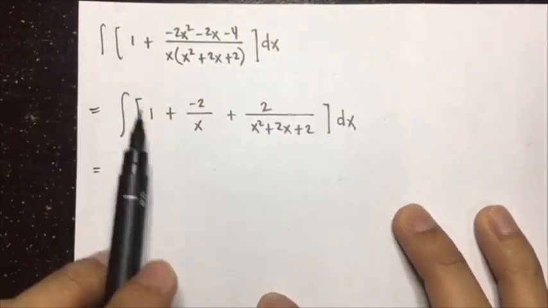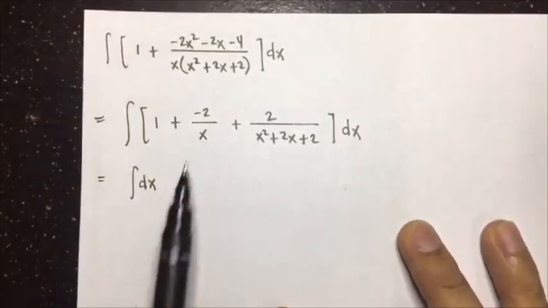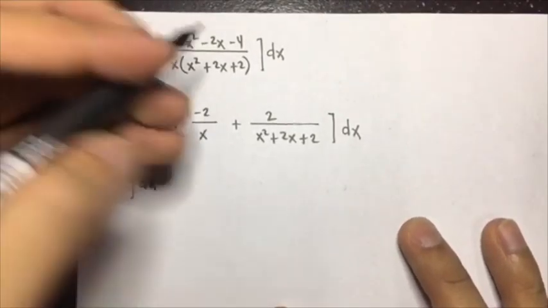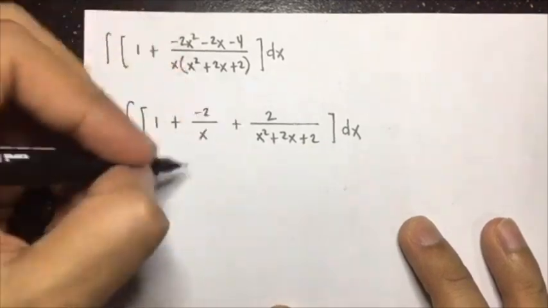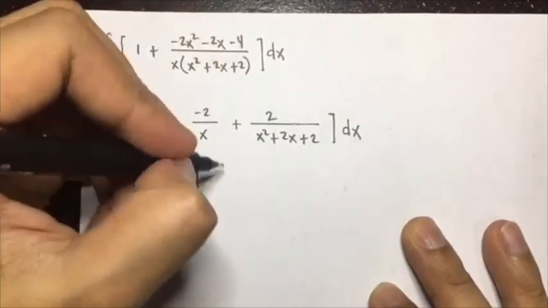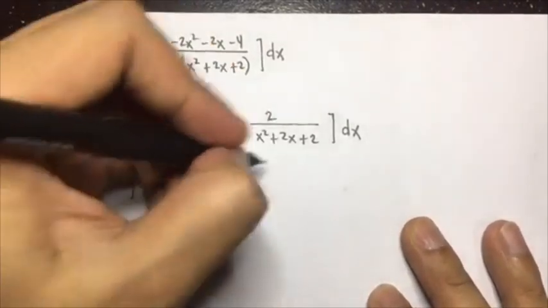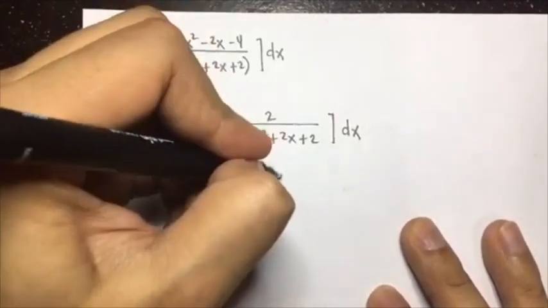For 1 it becomes the integral of dx. Then take out the negative 2, so minus 2 times the integral of dx over x plus 2.